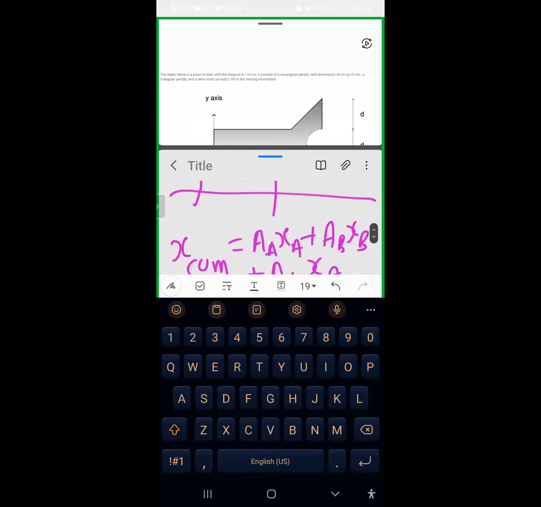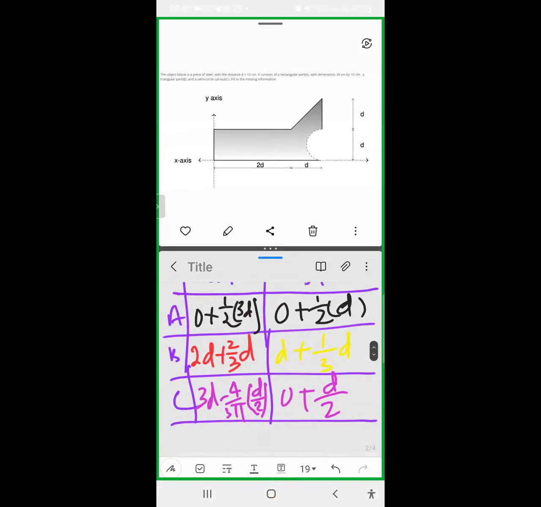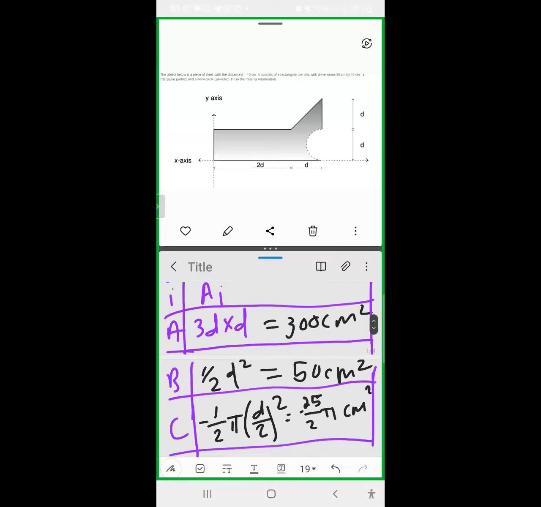So let's punch on a calculator. We have all the information. So previously we saw that the area of A is 300, so we're gonna have 300 centimeter squared.